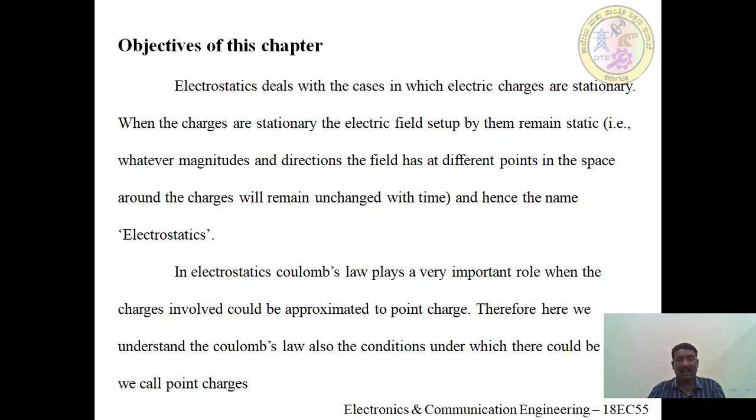Therefore, here we will understand Coulomb's law, and also the conditions under which we have what we call point charges.